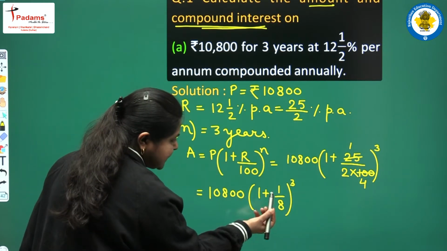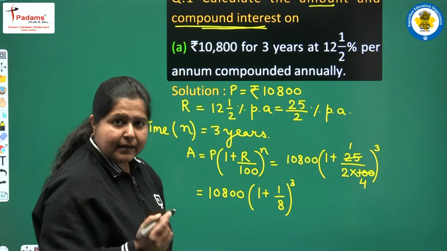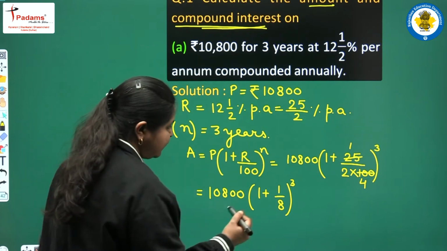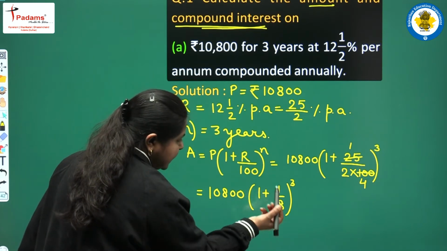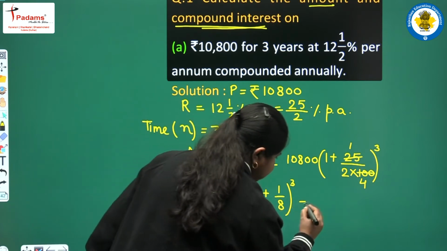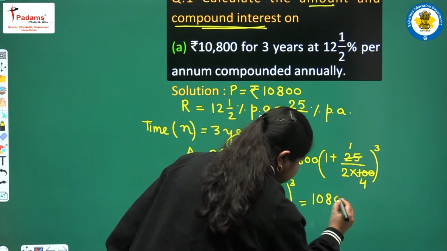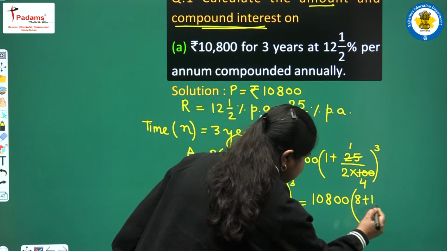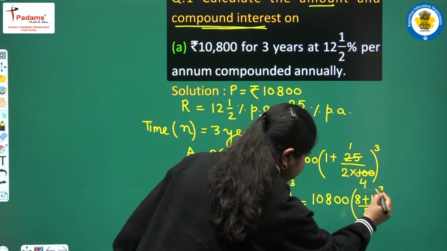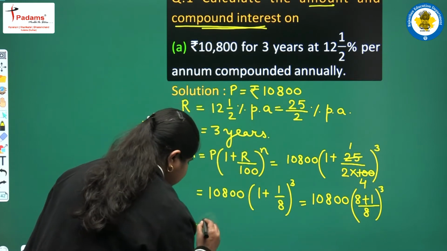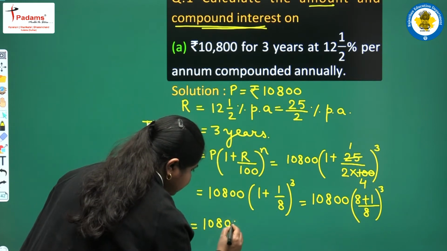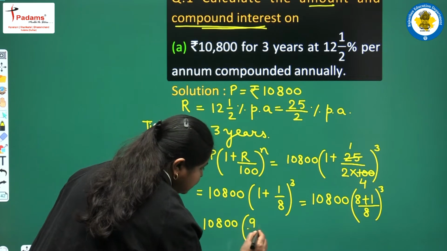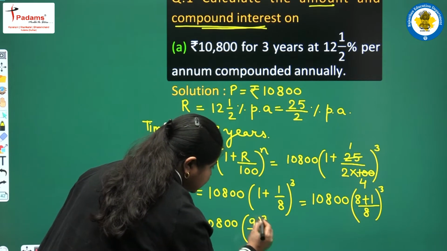Now how to solve this? 8 will be multiplied by 1. We are taking the LCM here, and for that we will be multiplying now. 8 1s are 8. Let me write here 10,800 into 8 1s are 8 plus 1 upon 8 power 3. This will be equal to 10,800 and then 9 by 8 raised to power 3.